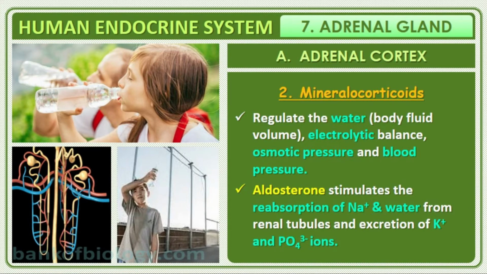Now we understand the mineralocorticoid secretion of the adrenal cortex. It regulates water, electrolyte balance, osmotic pressure and blood pressure. Aldosterone stimulates the reabsorption of sodium and water from renal tubules and excretion of potassium and phosphate ions.